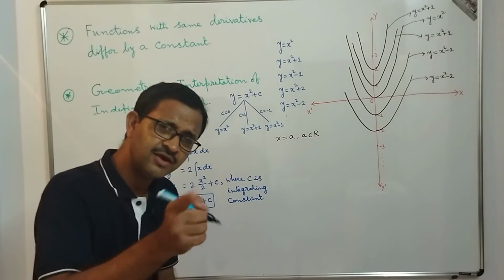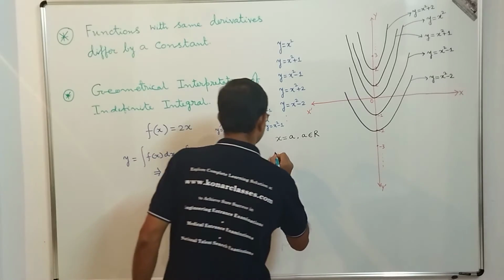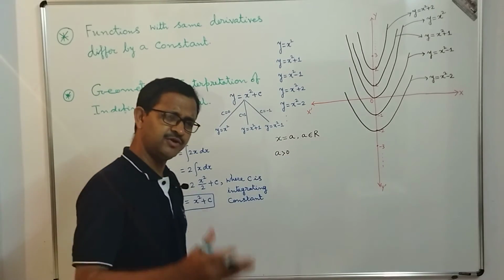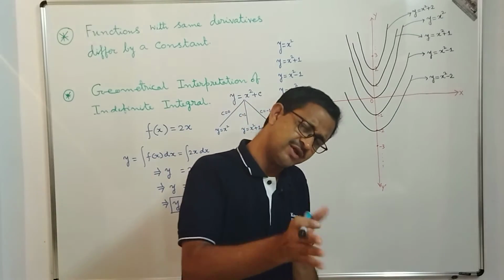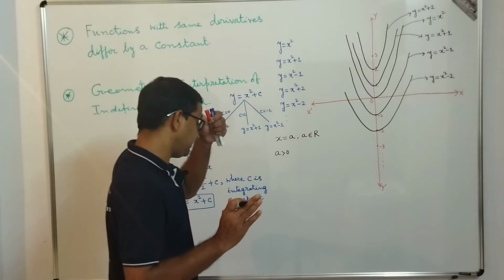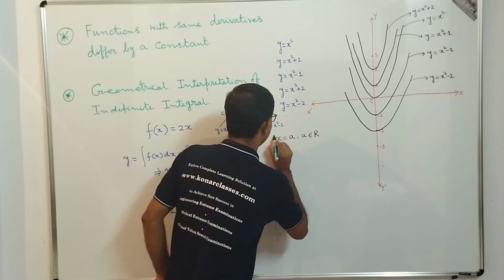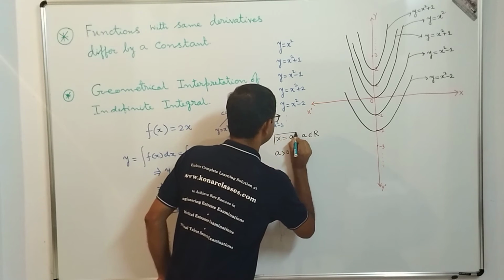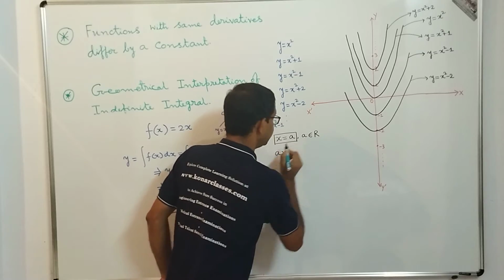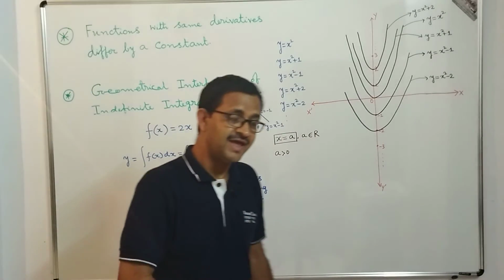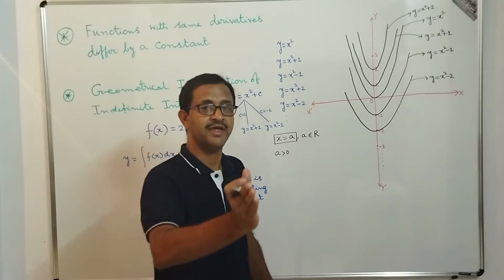For the sake of simplicity, let's consider a is greater than 0. If we take a less than 0, that also is possible. Then what will be the geometrical representation of x equal to a? It is nothing but a straight line parallel to the y-axis at a distance a from the y-axis.